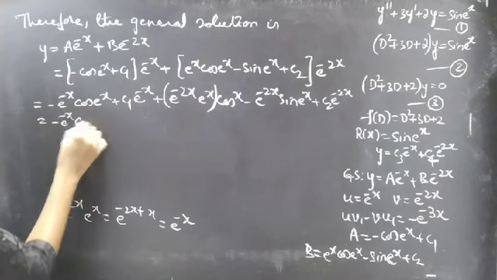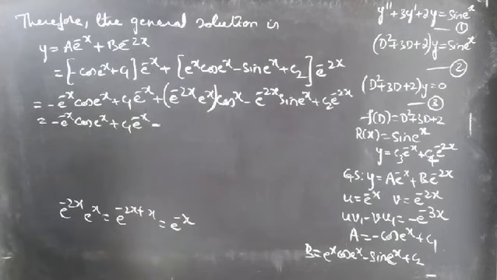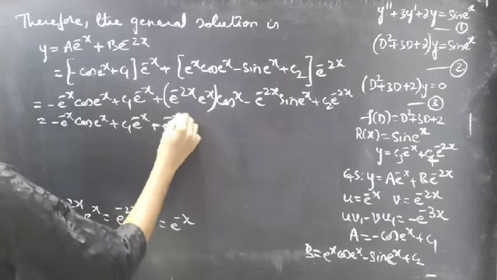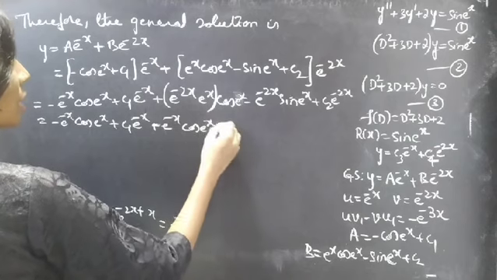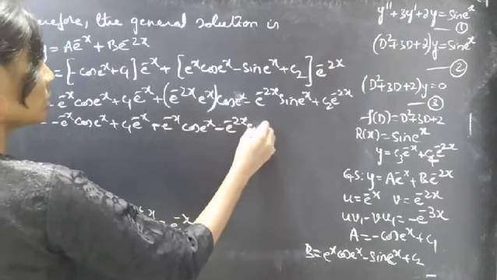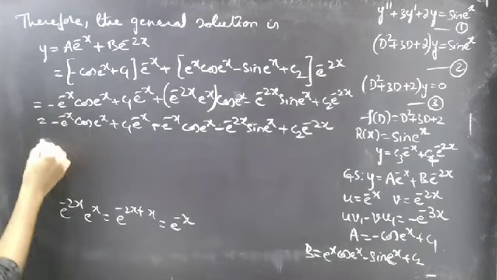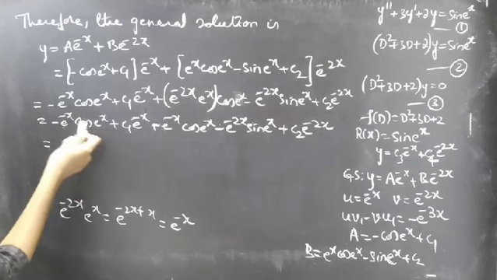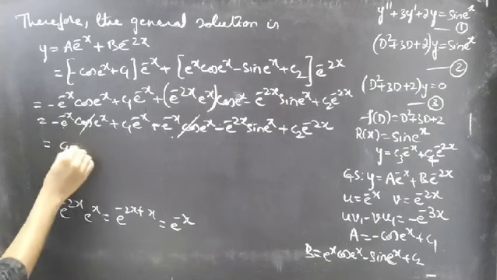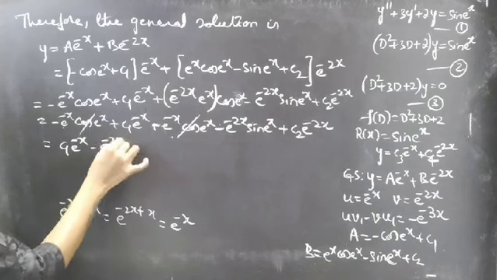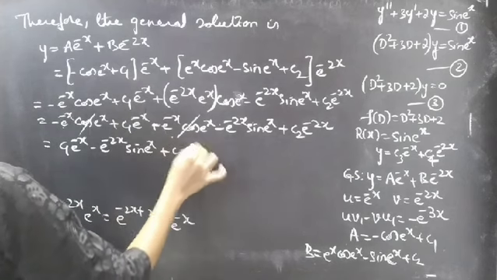We'll get minus e power minus x cos e power x plus c1 e power minus x plus e power minus x cos e power x minus e power minus 2x sine e power x plus c2 e power minus 2x. This gives us minus e power minus x cos e power x and plus e power minus x cos e power x get cancelled, and we'll get c1 e power minus x minus e power minus 2x sine e power x plus c2 e power minus 2x.